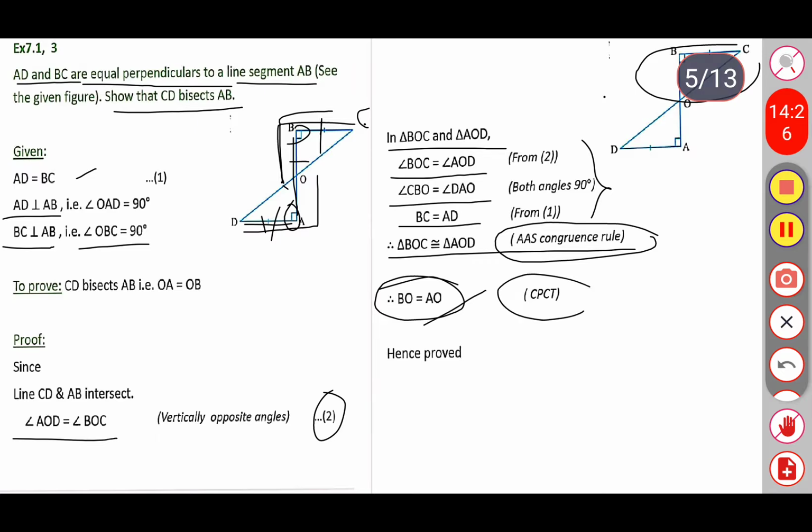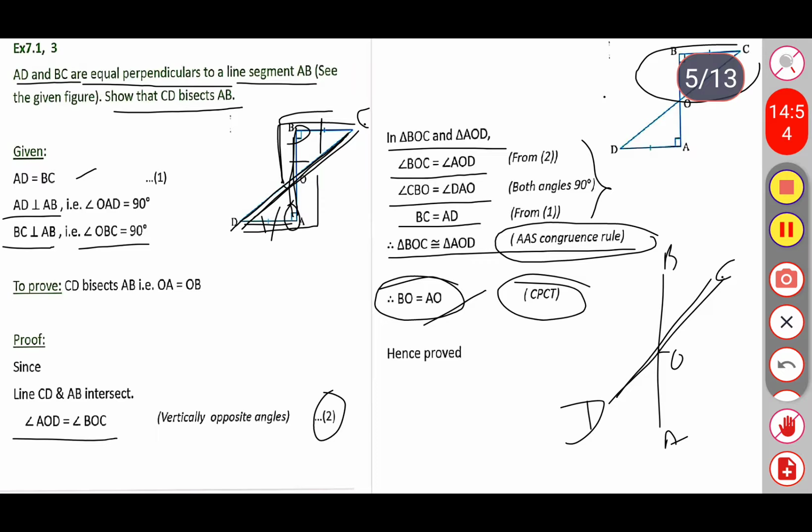So once we proved BO is equal to AO, this line segment CD exactly bisects the whole line segment AB into two equal parts. Once CD passes through the line segment AB, it will be bisected into two equal parts, OB and OA. So this is the proof of the third question.